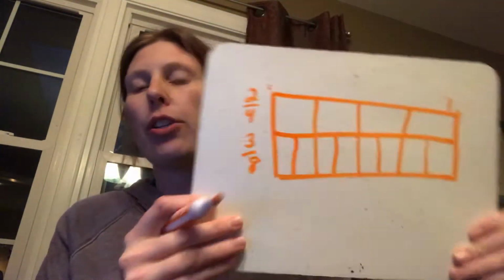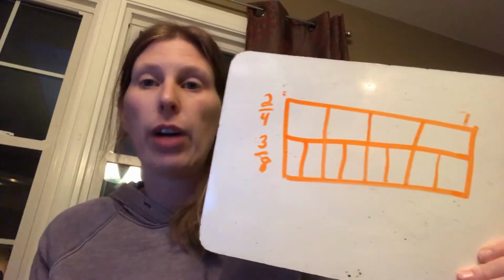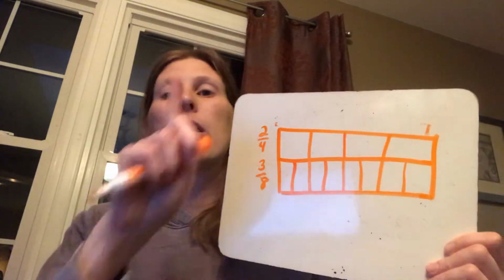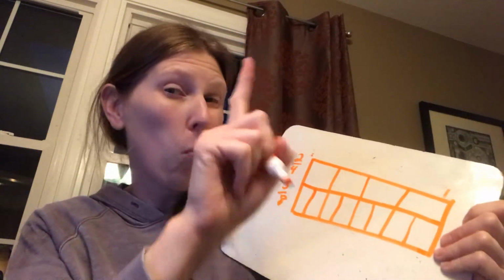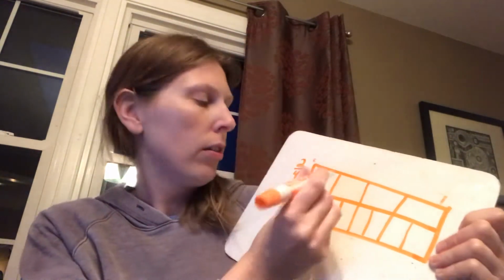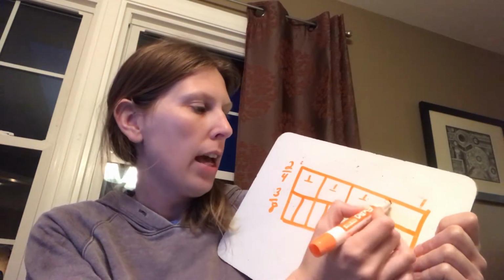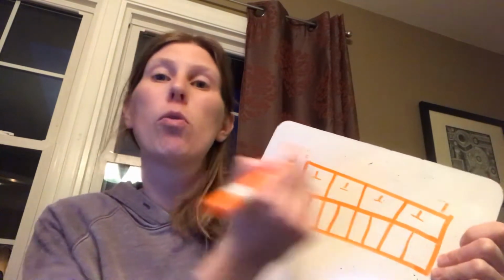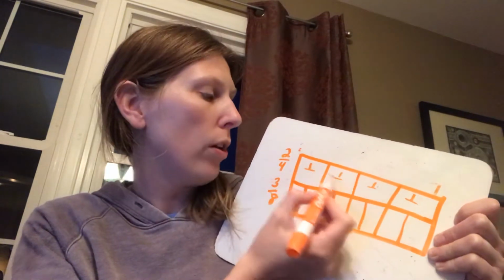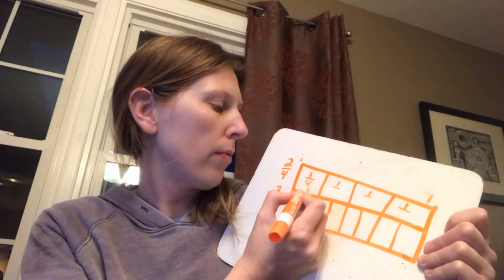The next step is to label our unit fractions. The unit fraction represents one equal part of a whole. So, because I'm talking about one part, my numerator is 1. Each of these has a numerator of 1. My denominator is how many equal pieces are in that whole. 1, 2, 3, 4.